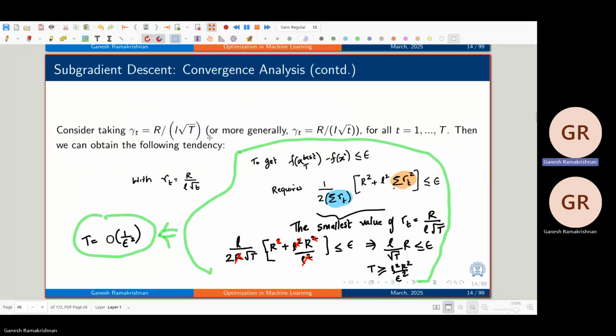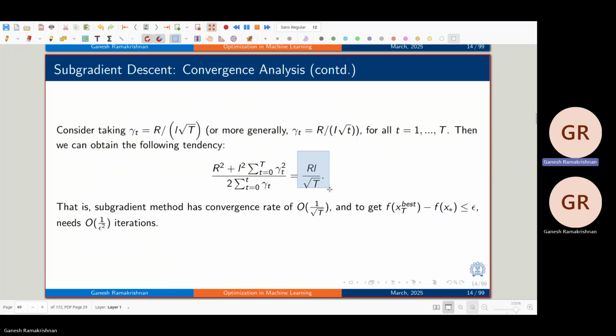It's not just because the summation of gamma t is not bounded, but it also happens to be the smallest value of gamma t that gives you this inequality. It's more than just existential. Is that okay?